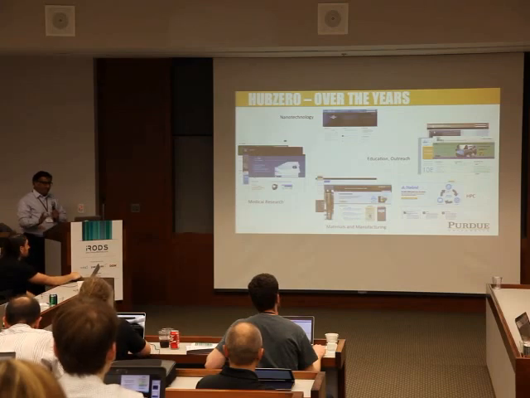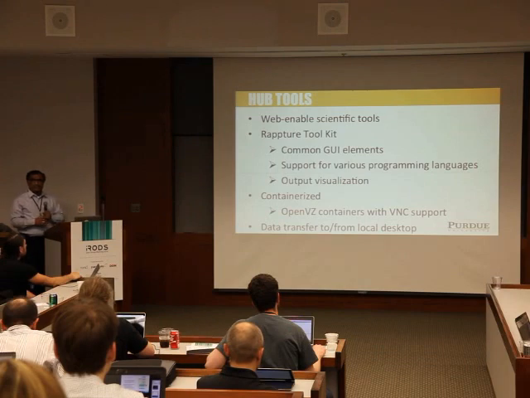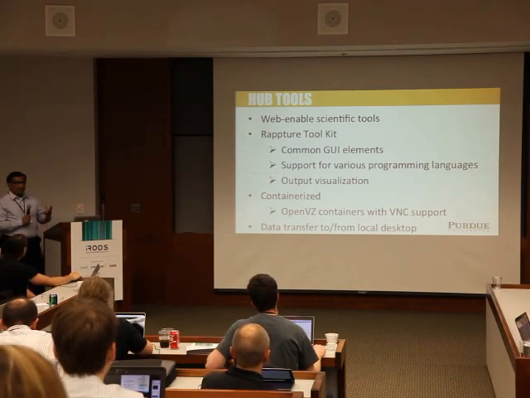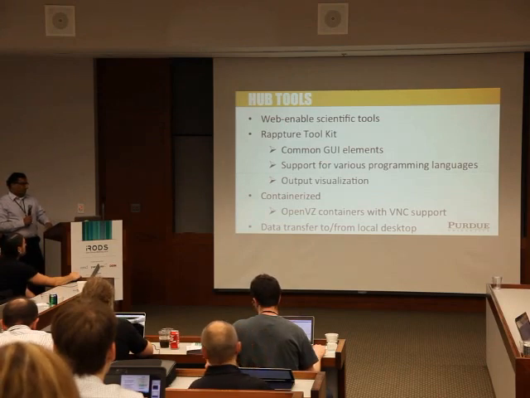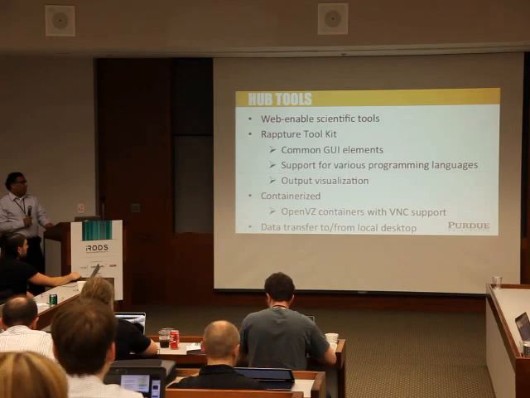But the big thing that HUBzero provides is the notion of hub tools. Hub tools are essentially scientific tools that run natively on the browser. You have this Rappture toolkit that allows people to quickly mock up tools which have GUI elements added to them.